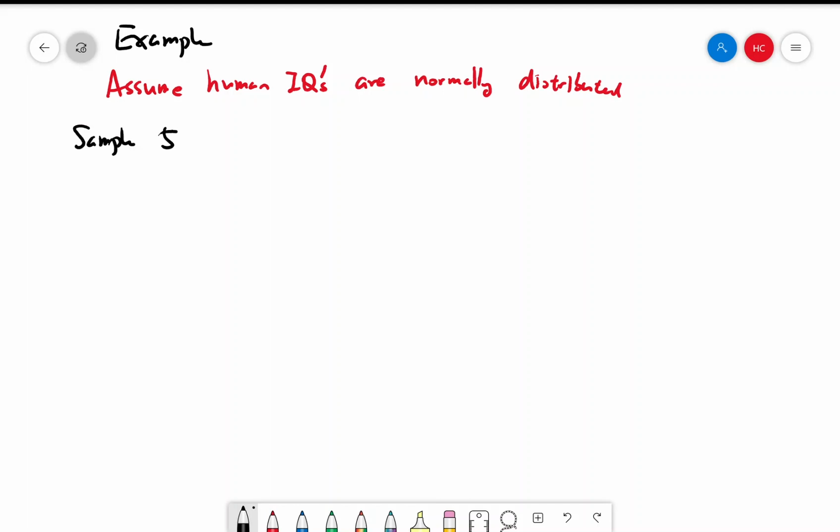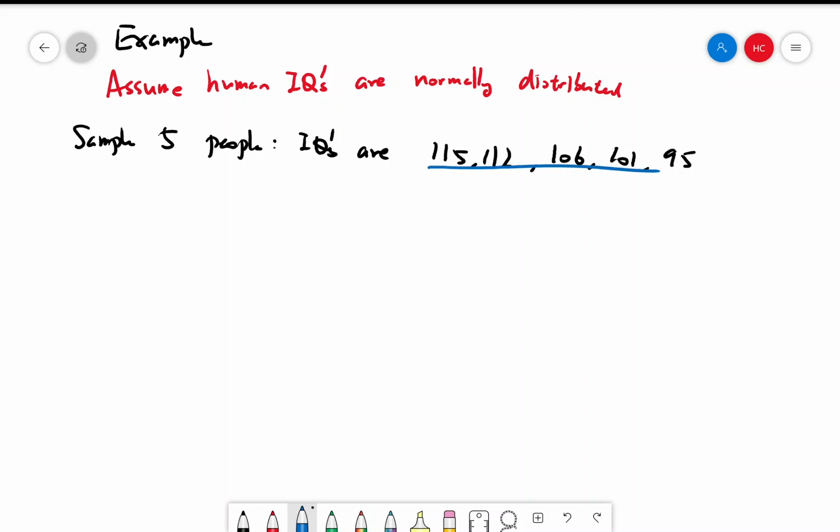Let's say we sample 5 people, and their IQs are 115, 112, 106, 101, and 95. You can use the calculator to calculate the sample mean, which is 105.8, and the sample standard deviation, which is equal to 8.1.